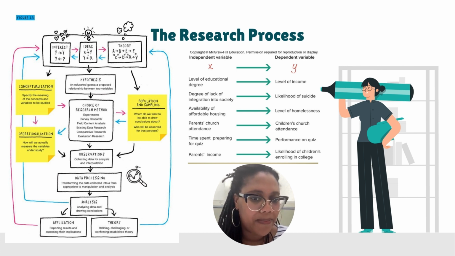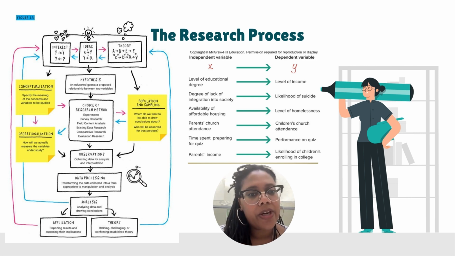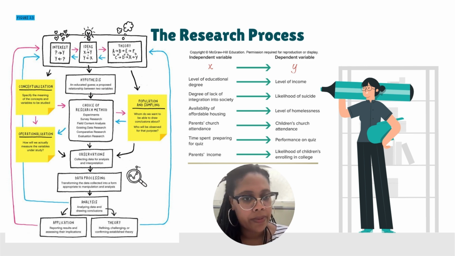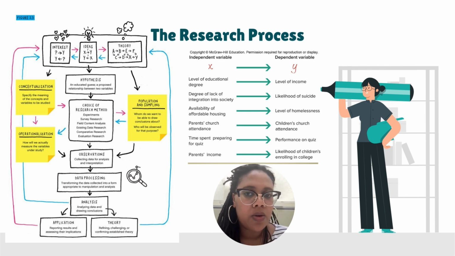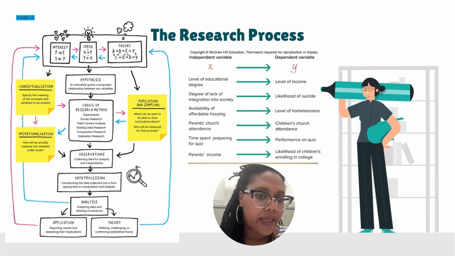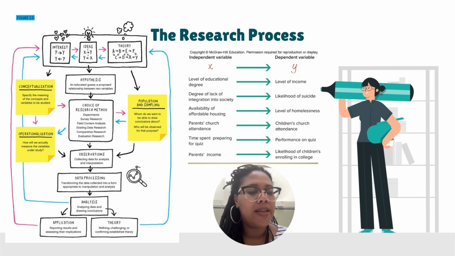Okay. Now, on the other side, another question that you should be asking about studies and how they employ the scientific method is, who is the population that they're wanting to look at, and how did they collect the sample? Most of the time, we cannot study an entire population, almost impossible to do so, or impossible.